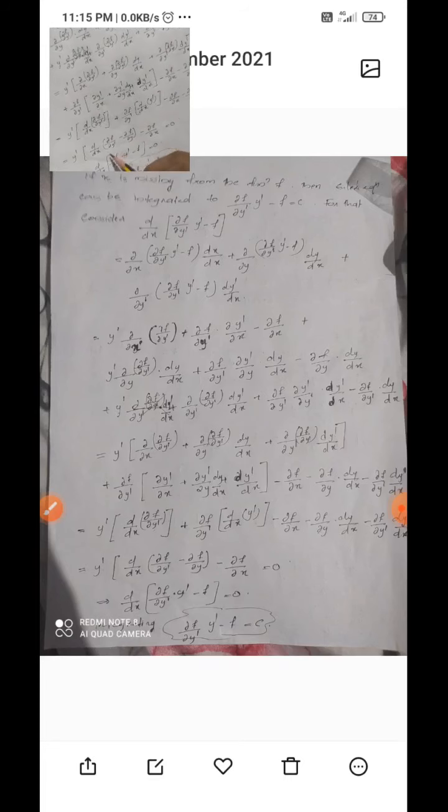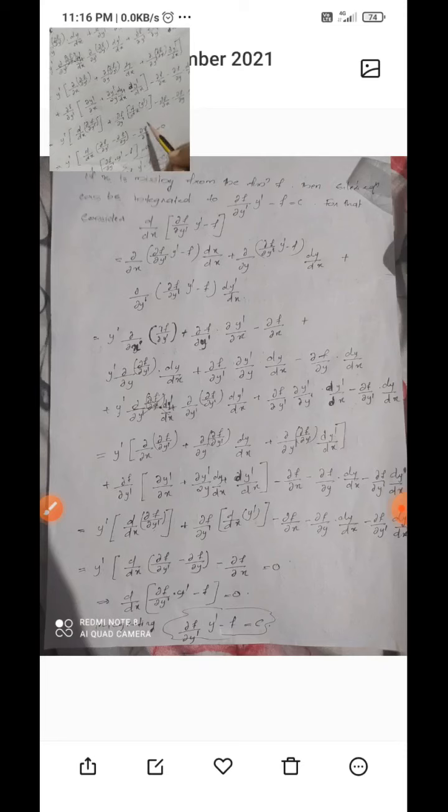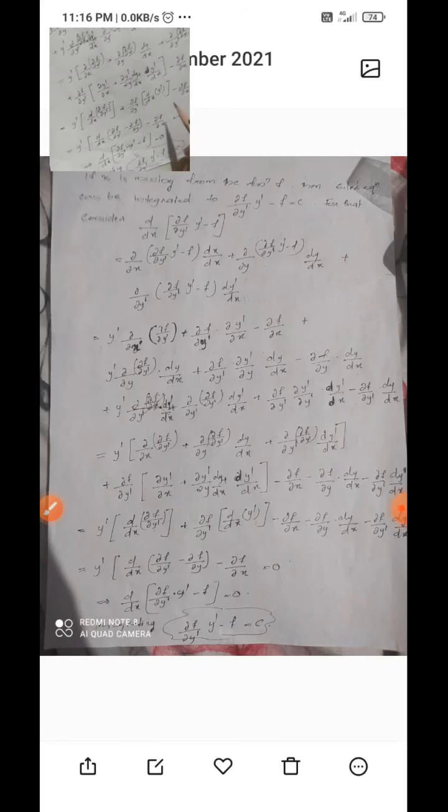Then we have to write y dash of d by dx of ∂f by ∂y dash minus ∂f by ∂y minus ∂f by ∂x, which is equal to 0 because here the missing term is x.